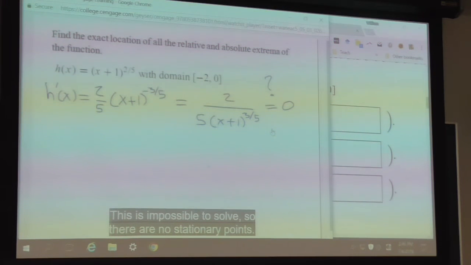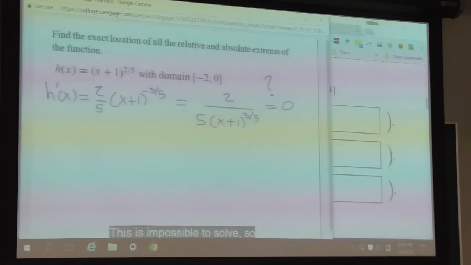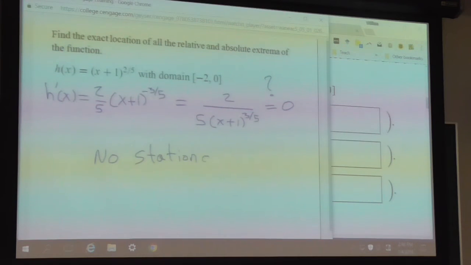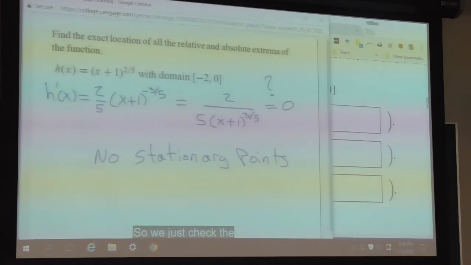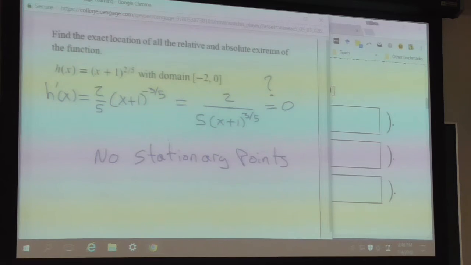It's impossible to solve, so there are no stationary points. So we just check the value of the endpoints and the one singular point.